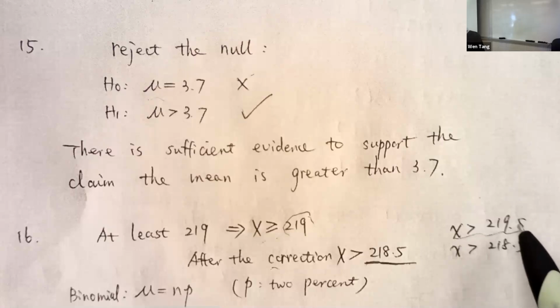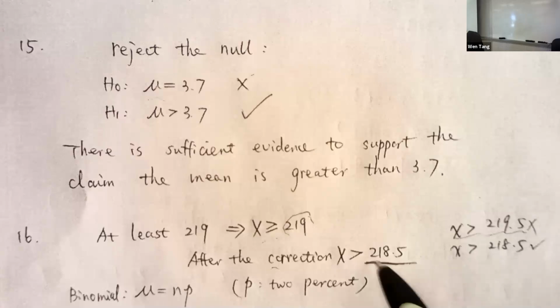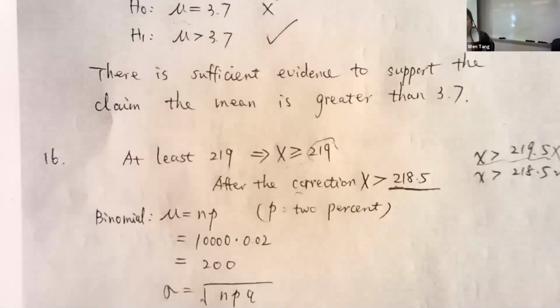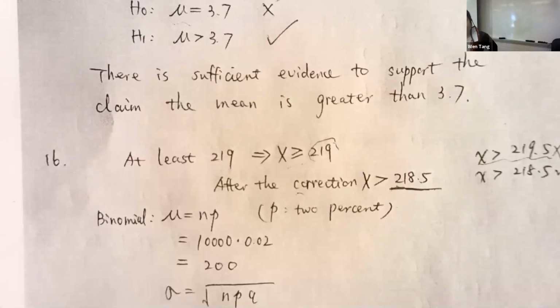Then 219 is not a possible value here, so it's not correct. But when we check this one, x is greater than 218.5, then it's still possible to get 219. So 218.5 is the correct value after the correction. So here we pick 218.5.